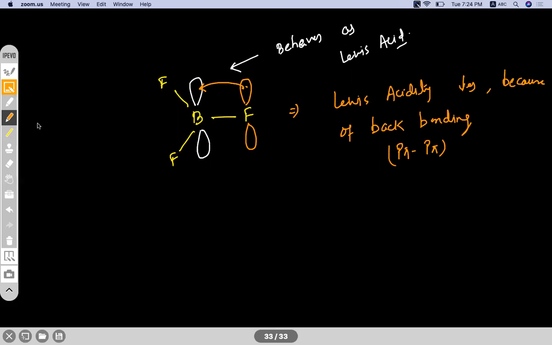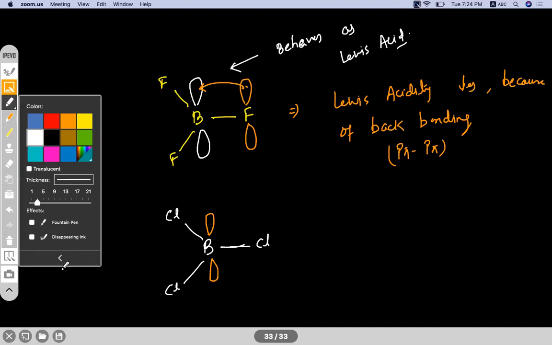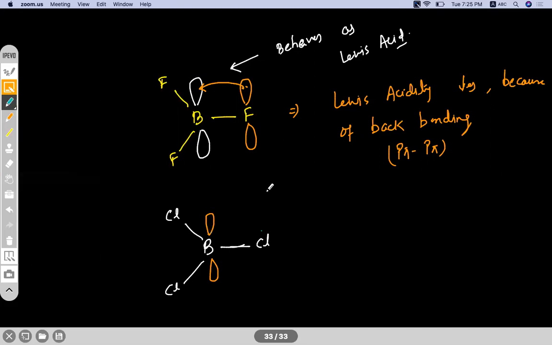So if you look at BCl3, it is this. This also has a similar kind of bonding, but the only difference is that the p orbitals of boron and chlorine have a difference in size, because this is 2p and this is 3p.